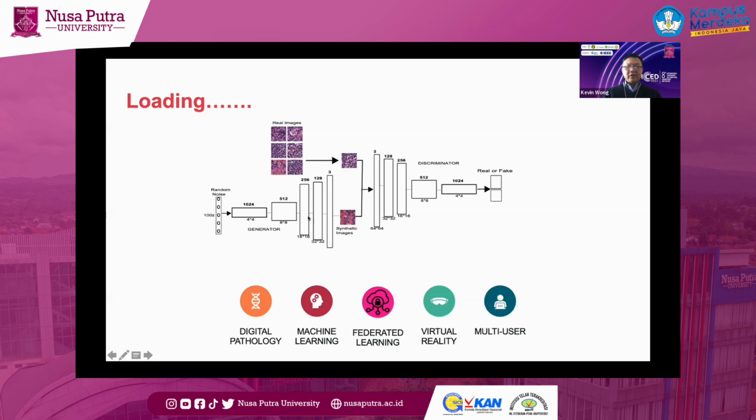We use some noise data coming in to generate synthetic images, and then we use a discriminator to try to generate more data. We try to fine tune the synthetic data, hopefully as close to the real data, to train the deep learning as much as possible. That work is ongoing.